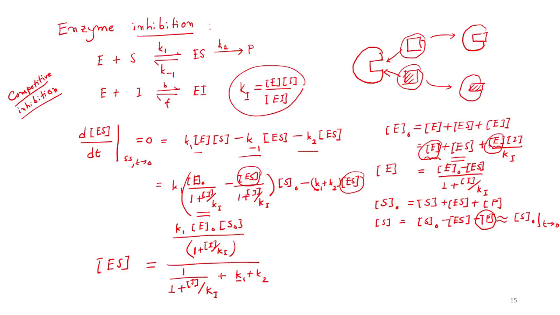We can actually multiply the numerator and the denominator by 1 plus I by Ki and simplify this form. Let us do it.